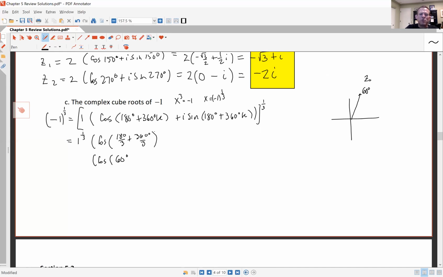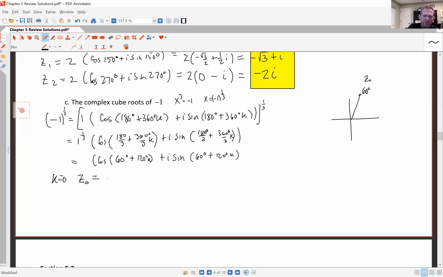The cube roots are all split by 120. Okay, length of 1. So the first one's going to be 60 degrees. When k equals 0, cosine of 60 plus i sine of 60.